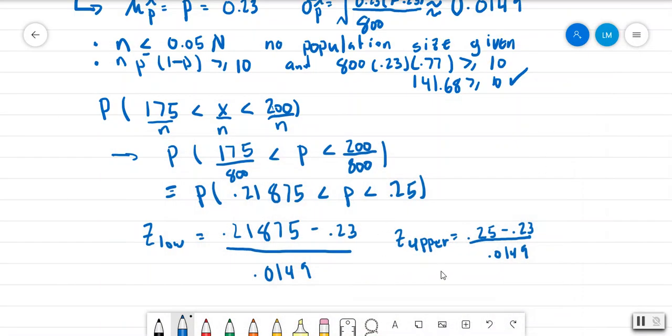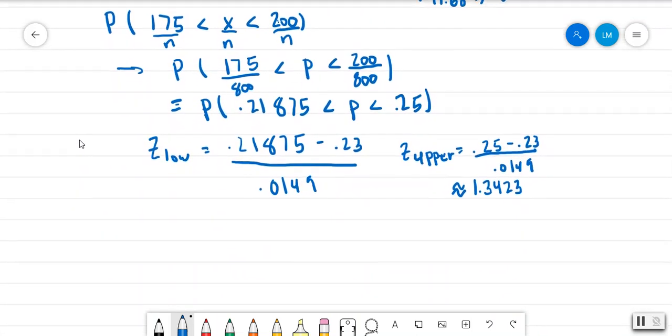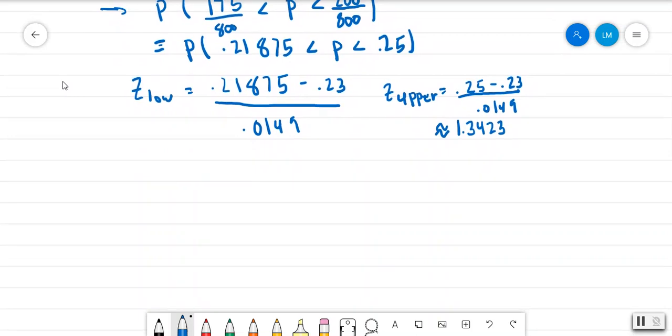Okay, so the upper is going to be 1.3423, and the lower, we still need to figure out the lower.